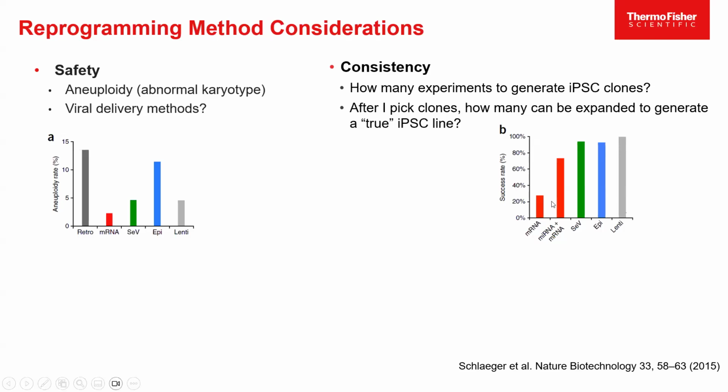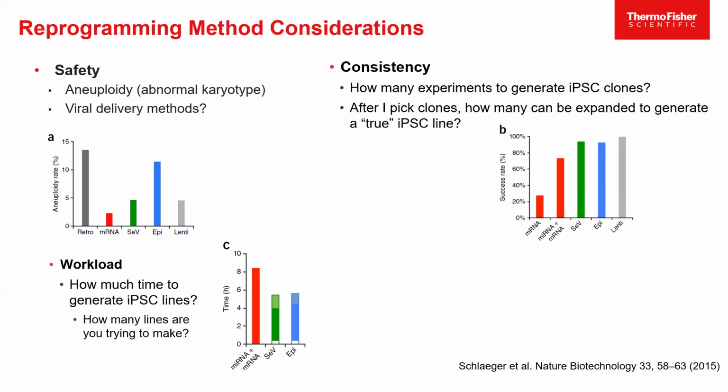You'll see that the reprogramming methods have gotten decently consistent, I will say, across time. But one method that's still being optimized right now is mRNA reprogramming. This is relatively new, and I still believe that the success rates and the consistency will continue to rise as we further optimize these mRNA reprogramming workflows. But at the moment, they're a little bit less consistent than the traditional methods because we have a little bit more experience with them.